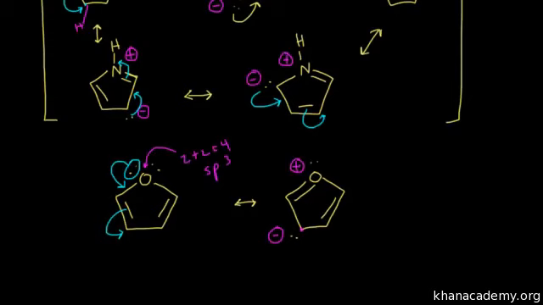Now, what would the hybridization state of this oxygen be? 2 sigma bonds, because one of these is a pi bond. So 2 sigma bonds plus 1 lone pair of electrons give me a steric number of 3, saying this oxygen is actually sp2 hybridized. And since this lone pair of electrons over here, the ones I circled in blue, actually participates in resonance, it must occupy a p orbital.